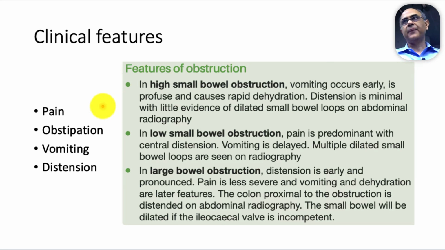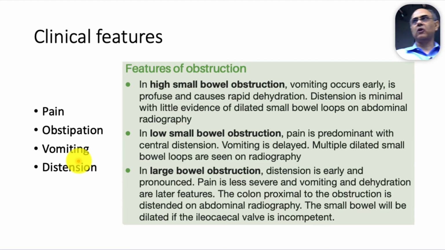And in the second part, when the gut fails to resolve the obstruction, the gut goes into ileus, and the pain will settle down. Increasing pain will be in the initial part of the obstruction, but later on the pain will settle down. But when the gut is in ileus, it will start distending, and the distension itself can cause pain, but the character of the pain will be different from the previous.